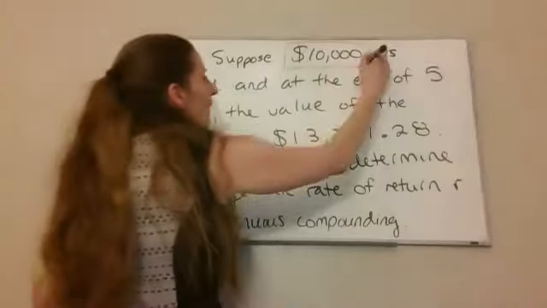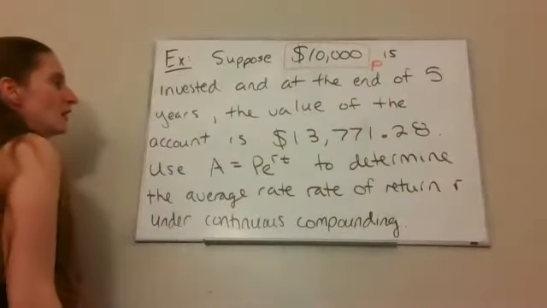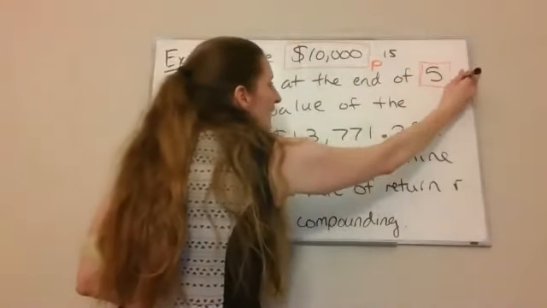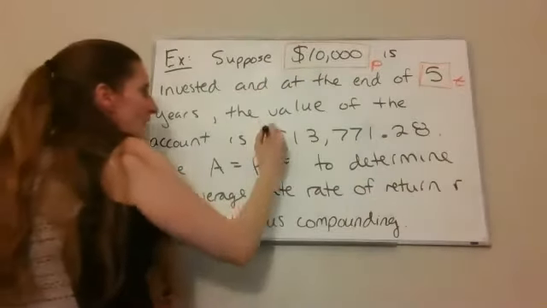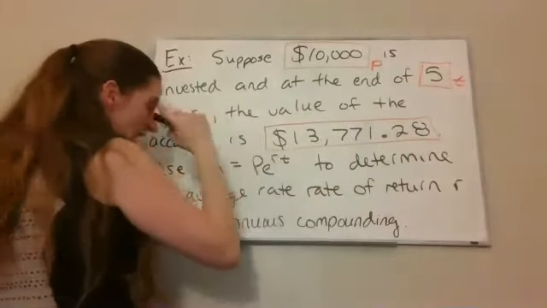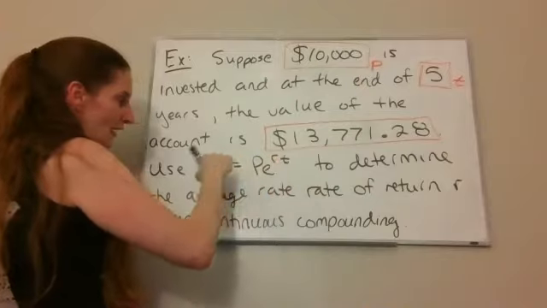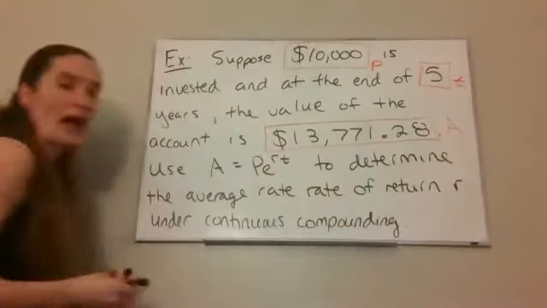So this 10,000, that is P. The next number I come across is this 5 years. That's talking about time, so that's T. And then this $13,771.28. Well, it's not my r, that would be my interest rate. It's the amount in my account, so that goes on the other side as A.